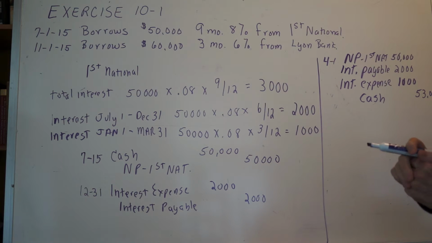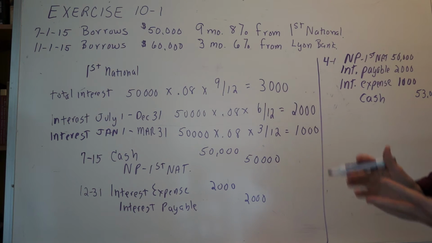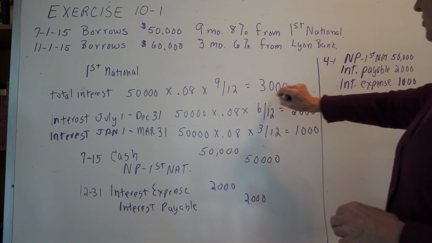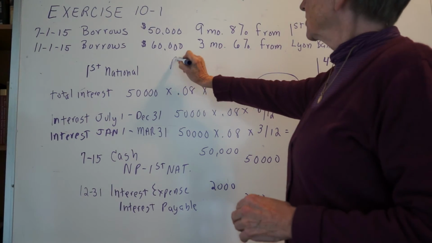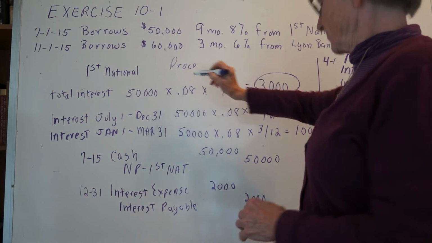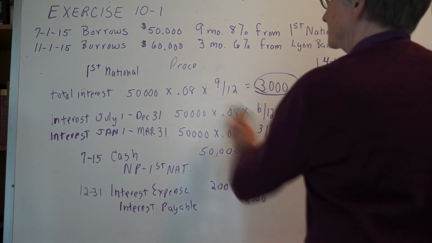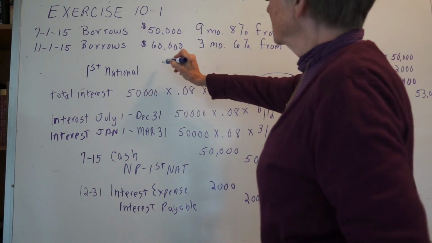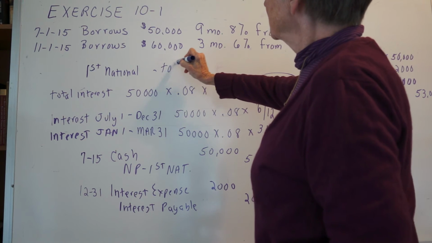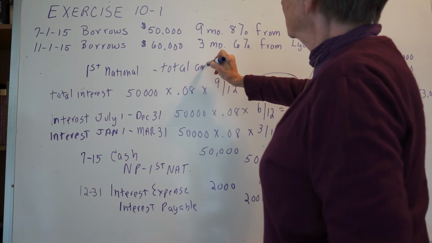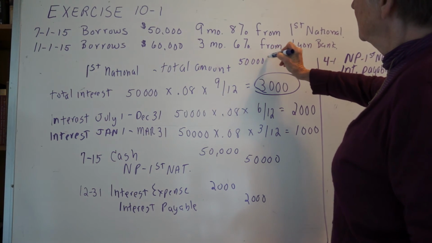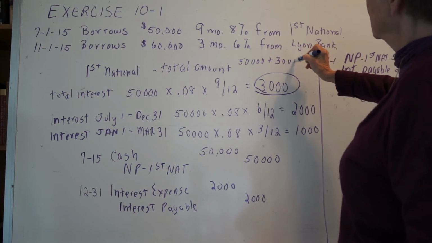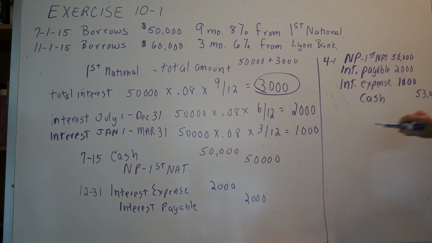So your procedure is, you figure out the total interest on the entire note. That's the 3,000. The total amount that you will repay will be the 50,000 principal plus the 3,000 interest, so that's the 53.